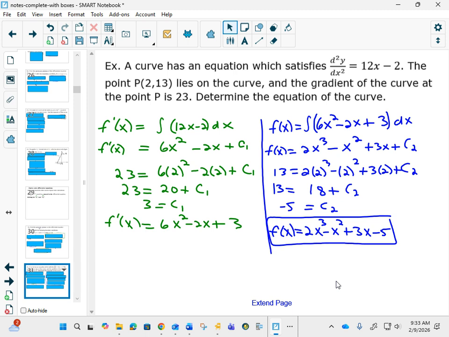And you can check it if you're done most of it or part of it.